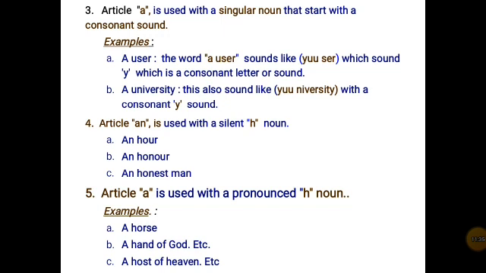But now article A can be used with a pronounced H noun. That is when you pronounce H in a particular noun spelling, like H-O-R-S-E, horse. H is a consonant. Therefore, article A can be used with it because H is pronounced there. Therefore, we have a horse.